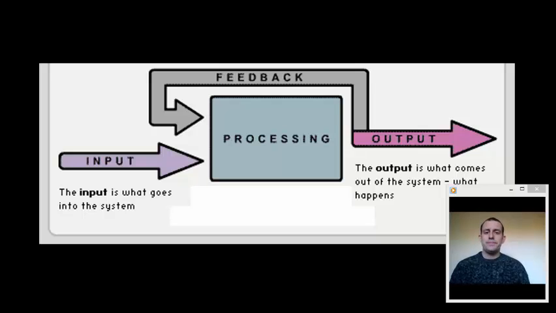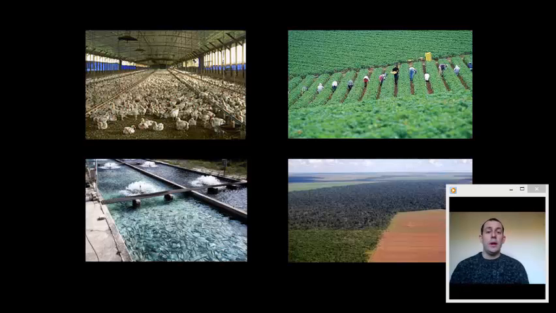Animal production, horticulture and crop production, aquaculture, where it's to do with producing water foods and produce such as shrimp, crab, salmon, etc. And also then deforestation.